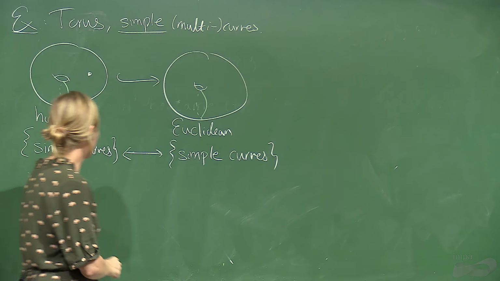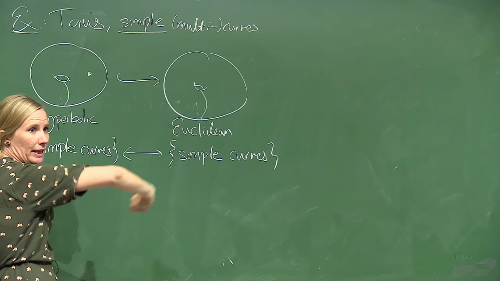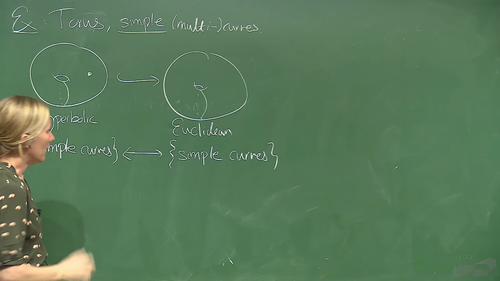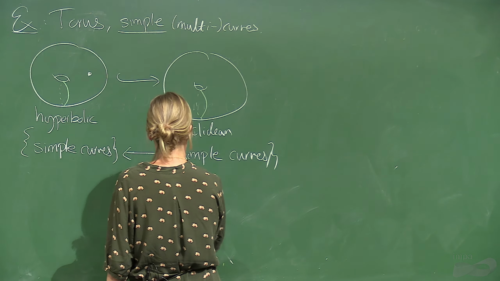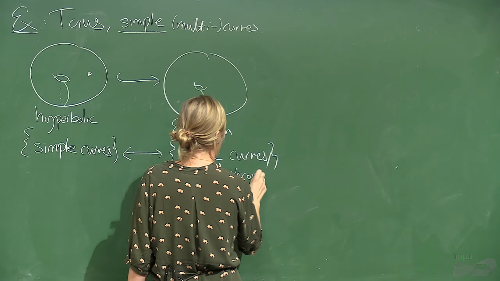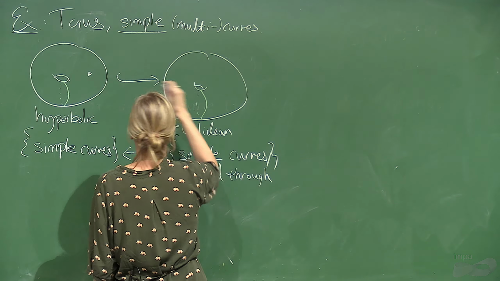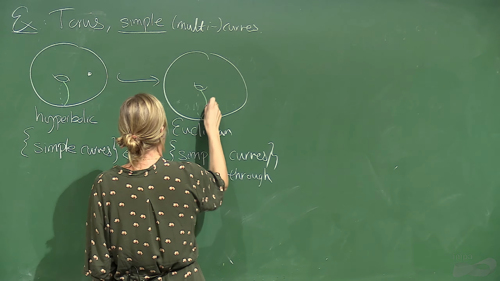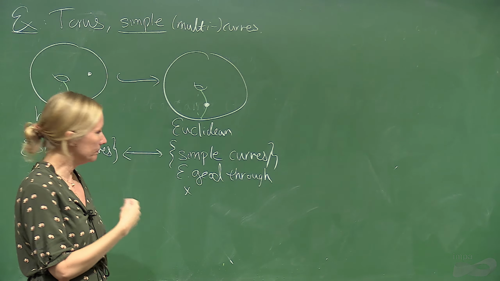But the difference here is that here we have a unique closed geodesic in each homotopy class. Here we have many parallel ones. But if we take simple curves or a Euclidean geodesic through some fixed point x, so this is not, that's a puncture. Let's look at all of the ones that pass through a specific one.